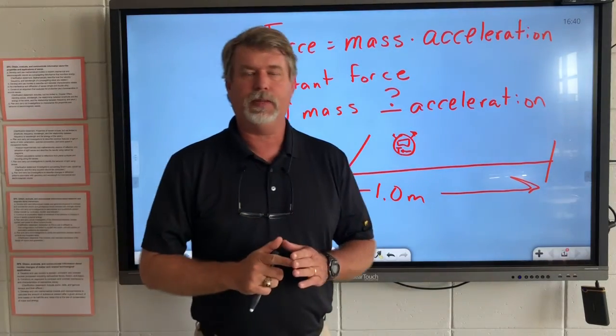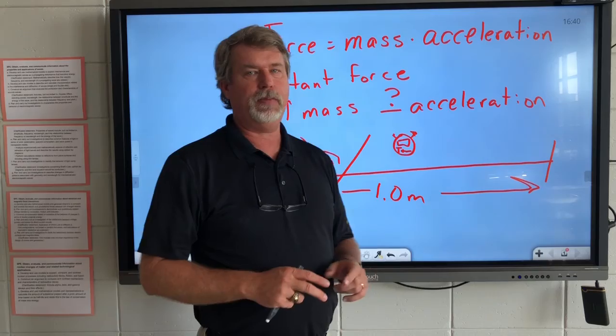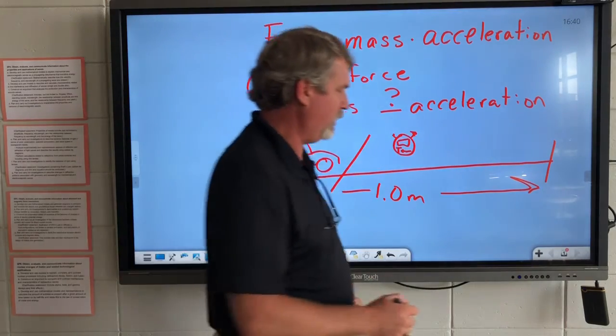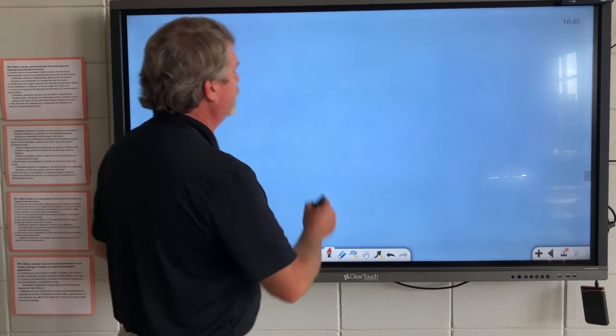The data you're going to be collecting is mass and time. And from the time, we will calculate the acceleration. So you're going to need to create a data table that looks like this.